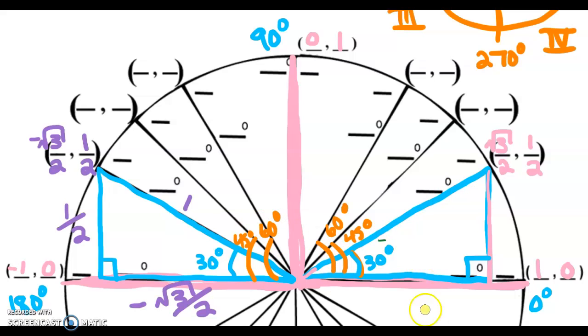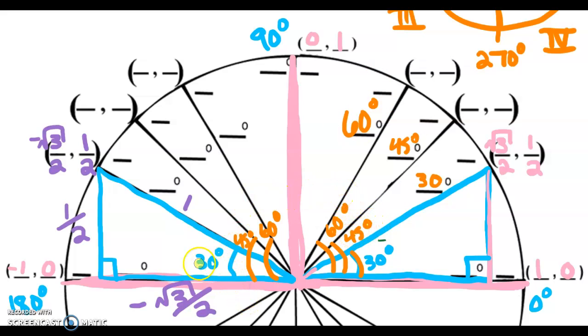And so we're thinking about counting. If we're starting at 0, we count by 30, so we get 30 degrees. We have a 45 degree line that's created by our 45 degree special triangle. And of course, another 30, 60, 90 triangle, but this time with our 60 degree angle being our middle angle.